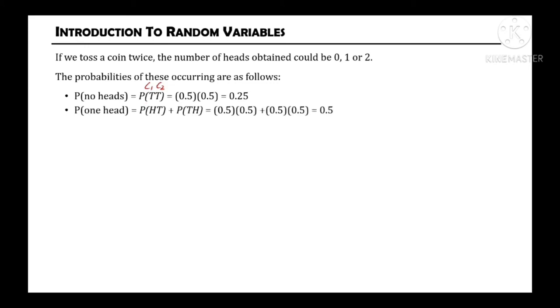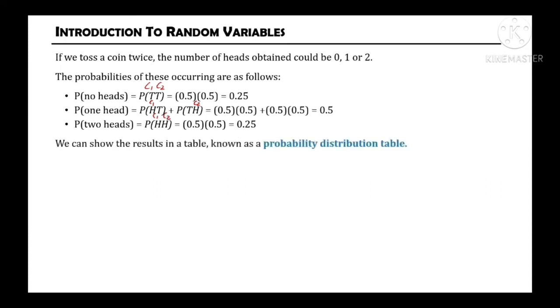And probability of one head, either coin 1 gets head or coin 2 gets head, is 0.5. And probability of two heads, meaning both coin 1 and coin 2 are heads, is 0.25.